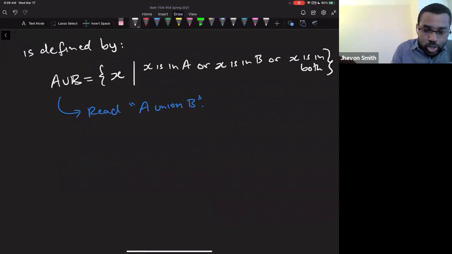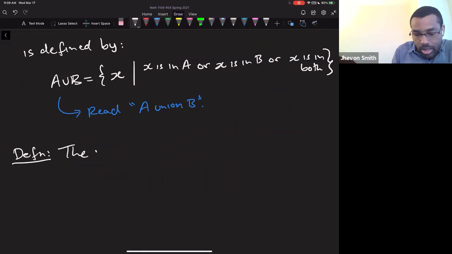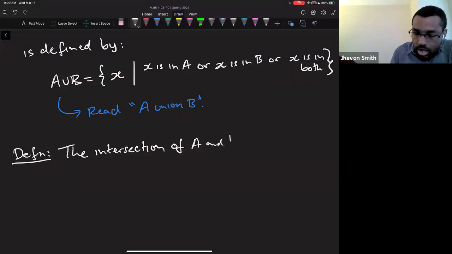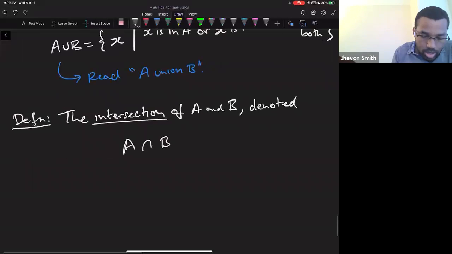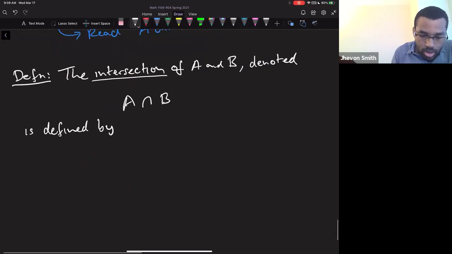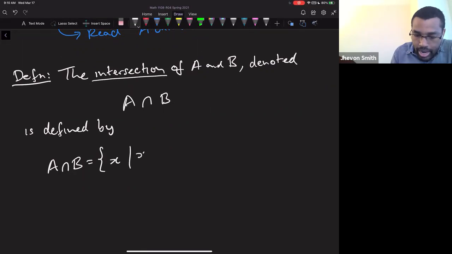I will give you some examples shortly. Let's run into the other one. The intersection of A and B, denoted A intersect B, is defined by: A intersect B is the set of all things such that X is in A and at the same time, X is in B, right?